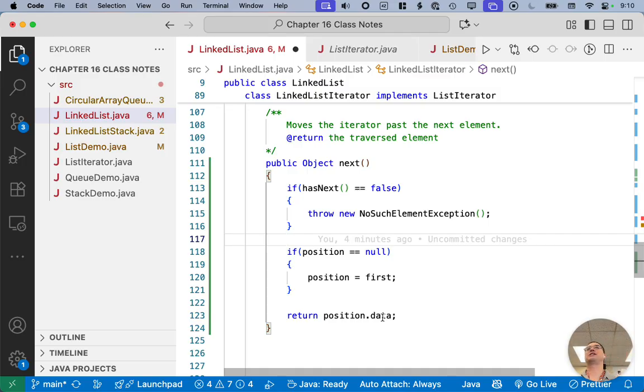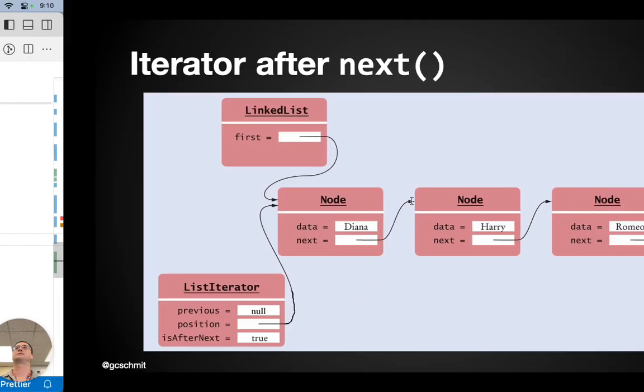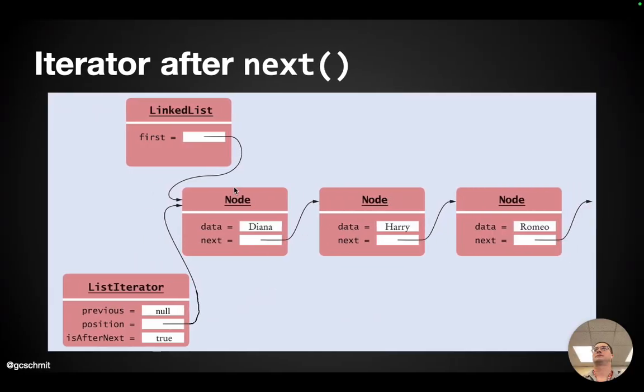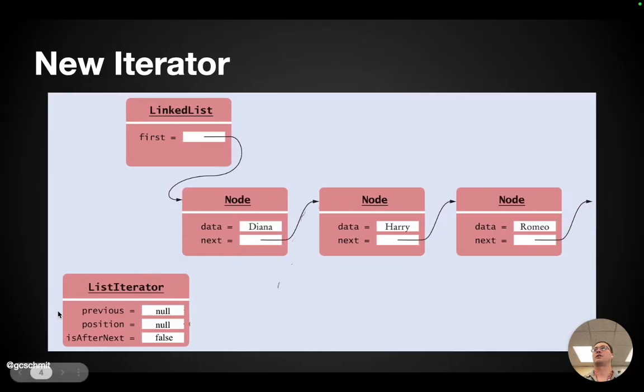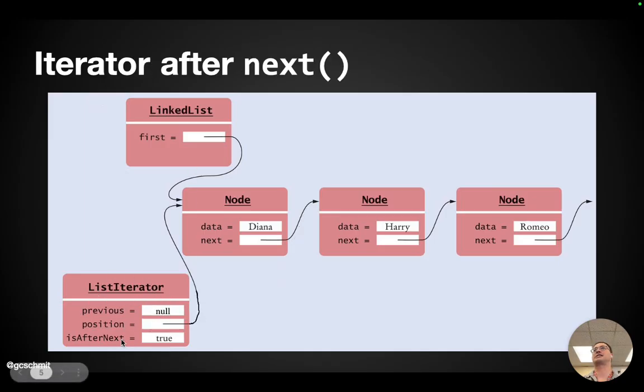So the code we've written so far handles the case of invoking next when our linked list iterator is at the very beginning of the linked list. So going back to the picture, our list iterator: null, null, false, right? We just made a brand new one. We invoke next.